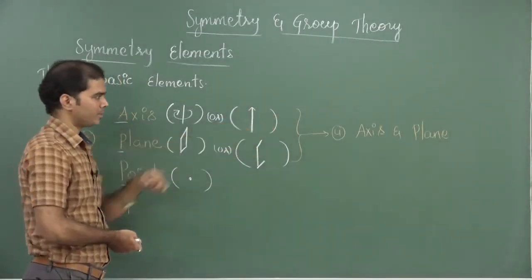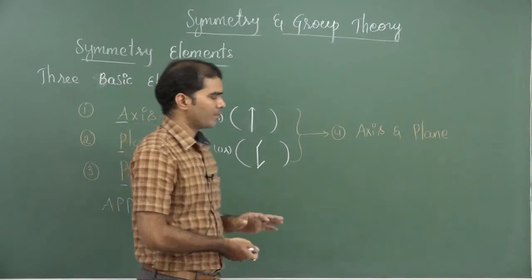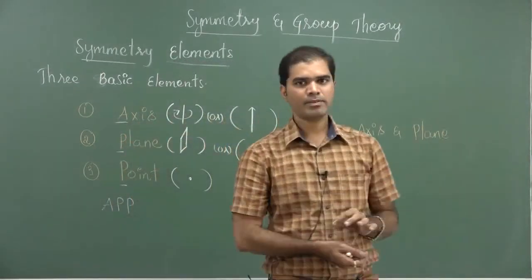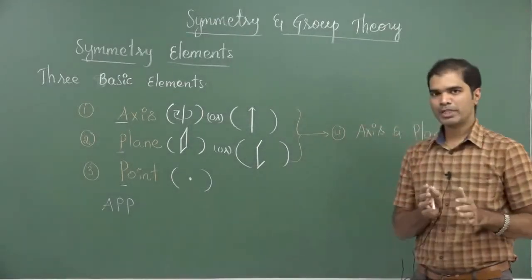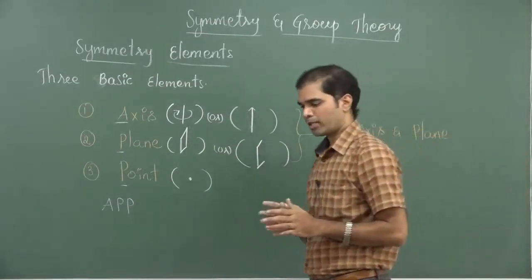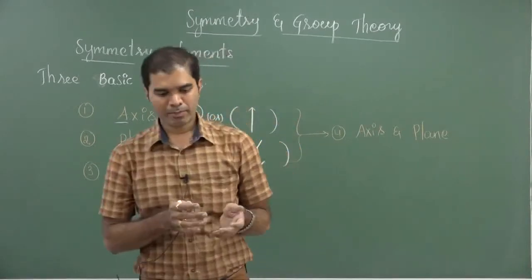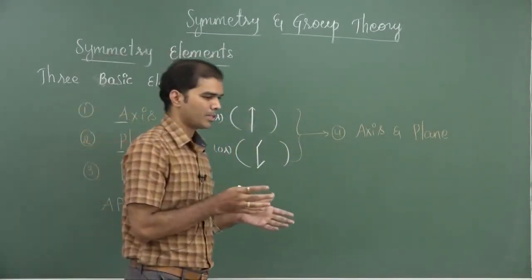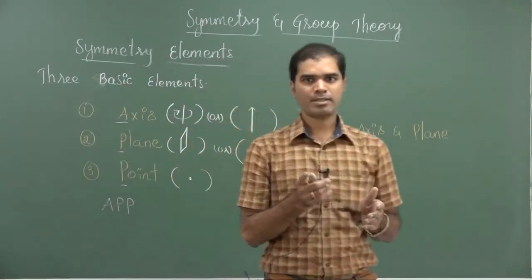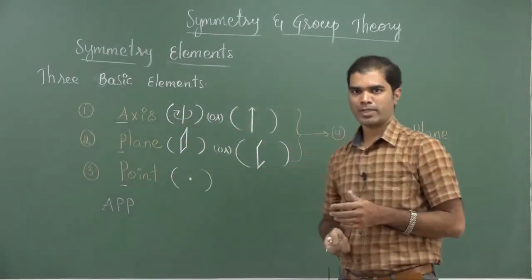Apart from this, we also have one other symmetry element which has the least importance symmetry-wise, but group theory-wise it has a greater importance, because for the mathematical completeness of this symmetry, whatever molecule you choose, that particular element is very much required.